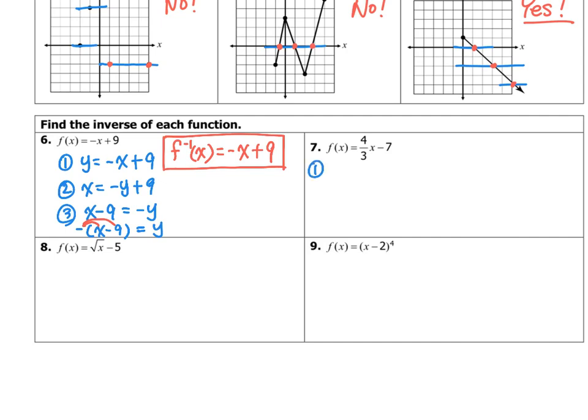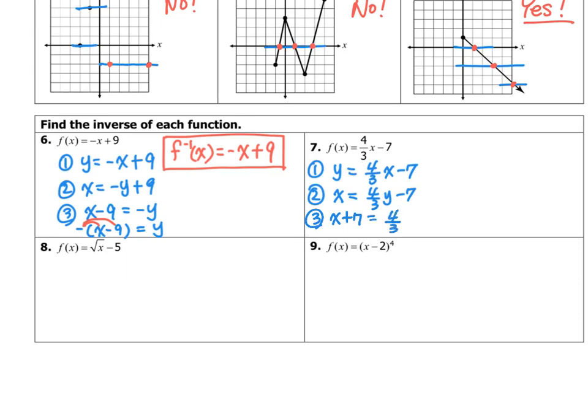Number 7, first step, replace f of x with y. The rest of it, you just read as it is. Second step, you're going to switch x and y. Step 3, you will solve for y. So you're going to add 7 to both sides.